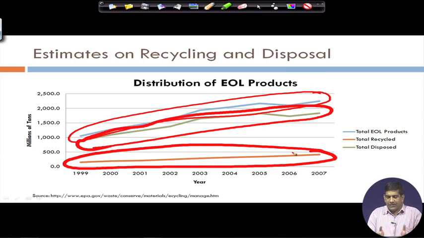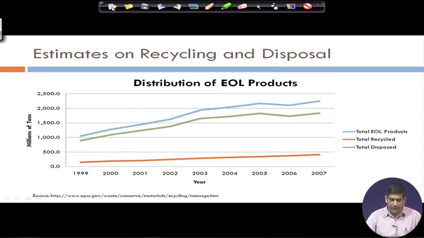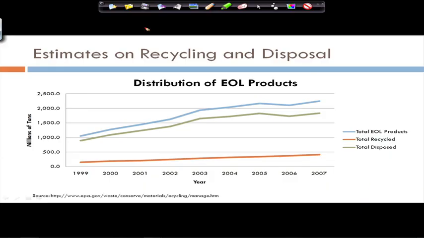The message I want to convey from this graph is, we have been producing a lot of end of life products from electronic waste, and it keeps on increasing. Again, these are in tons. Earlier the e-waste used to have more ferrous, things used to be heavy.